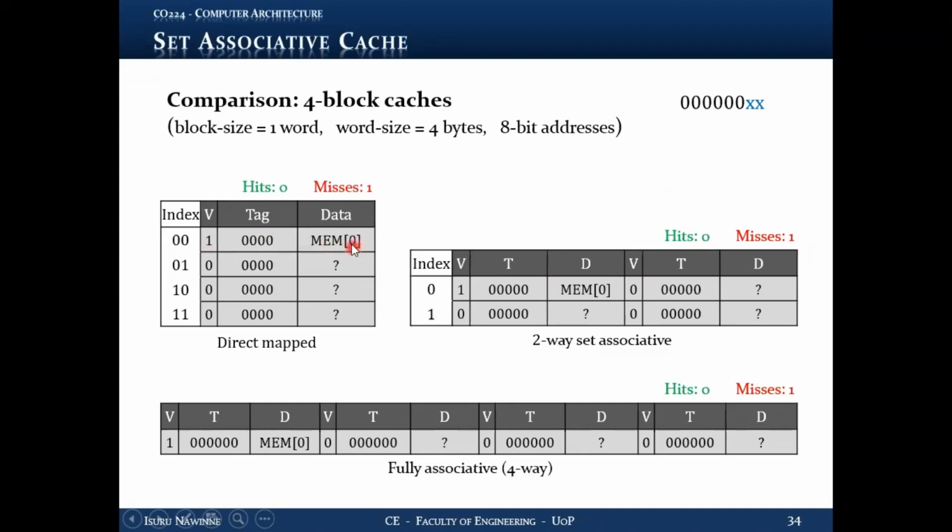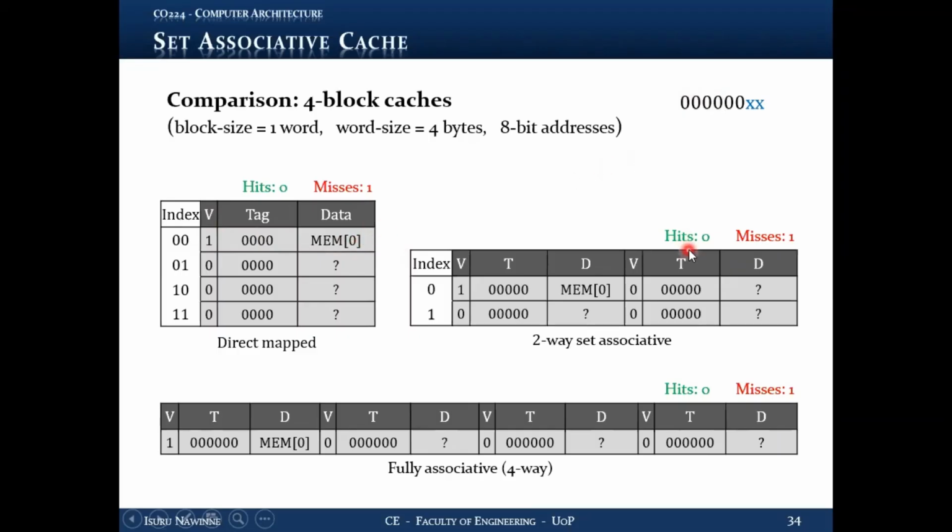The data at block address 0 from memory, we brought here, right? Updated this entry. The corresponding tag was 4 zeros, updated, and we set the valid bit to 1, right? Now we have a valid cache entry.